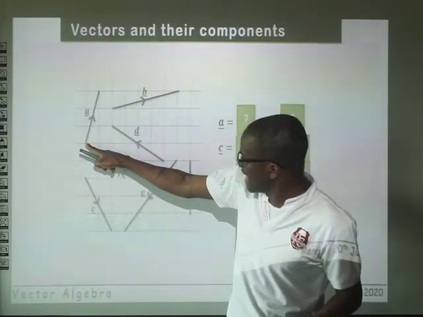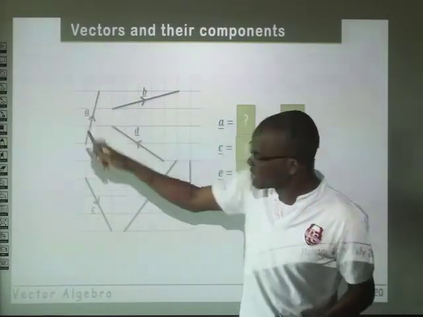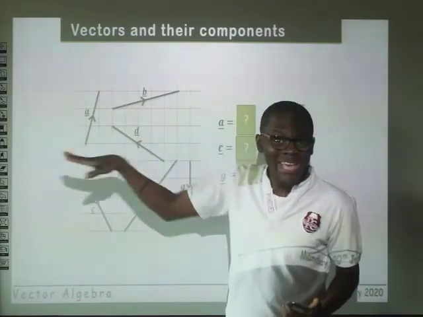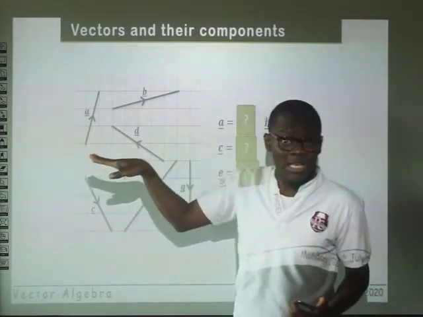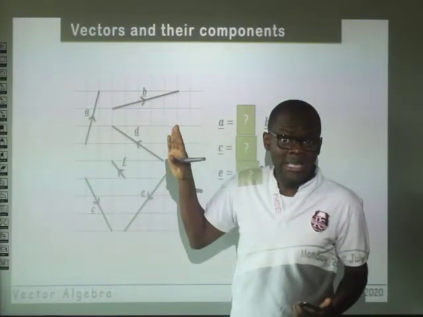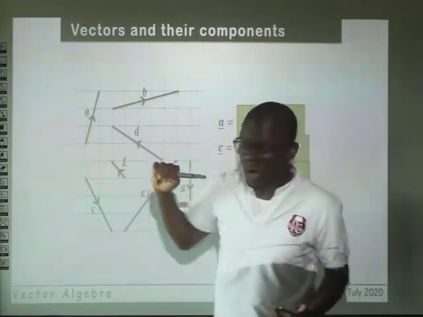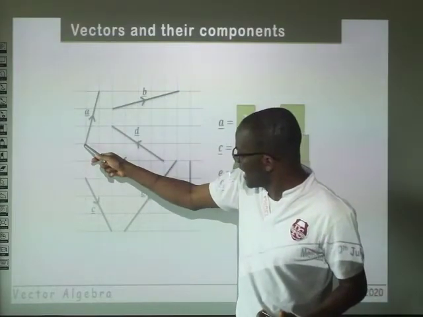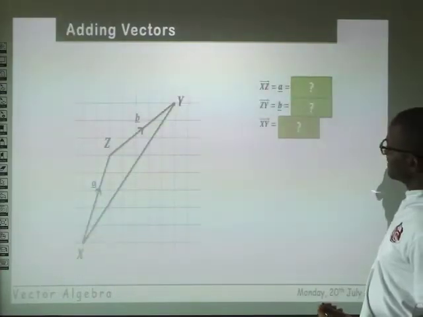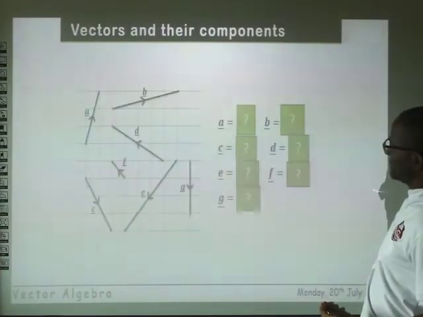A is starting there and then ending right there. So when you start there, you have to go along the x-axis first, either to the left or to the right, and thereafter you go along the y-axis, either up or down. So let's see, if you start from there, you have to go, oops, sorry. Go all the way back.